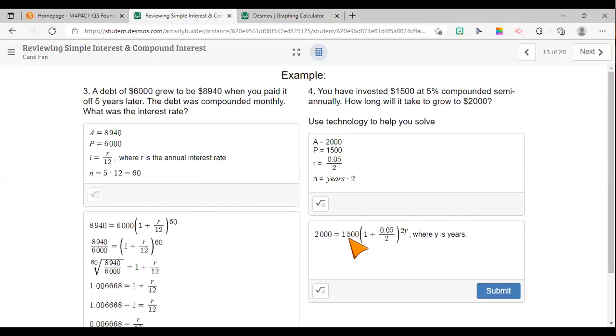Right side, 1,500. Sorry, I'm going to put X instead of Y. So where X is years, 1,500 times 1 plus 0.05 divided by 2, all to the power of 2x.